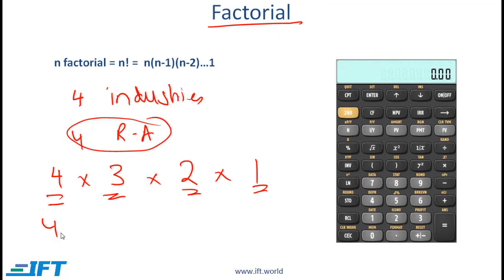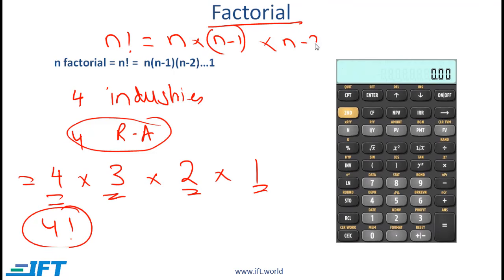This is also called 4 factorial for short. So 4 factorial is equal to 4 into 3 into 2 into 1. And what you see here is the general case scenario where we say that n factorial is equal to n into n minus 1 into n minus 2 and so on until we come down to 1.